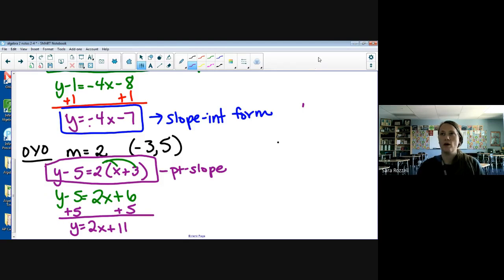All right, so what is the y-intercept for this graph? 11. What is the slope for the graph? 2. So we would start at 11 on the y-axis, go up 2 and over 1.